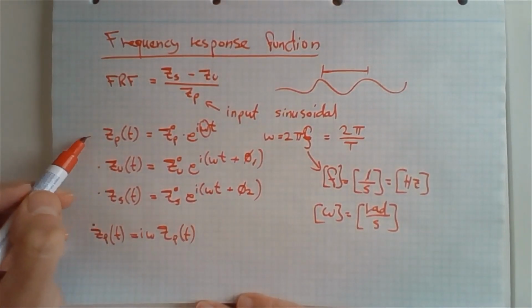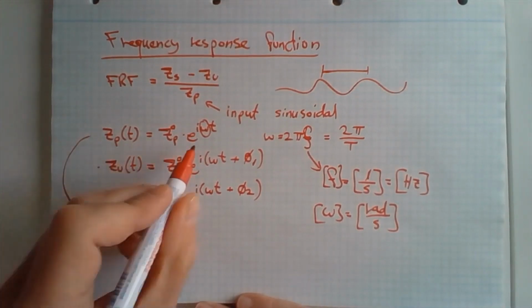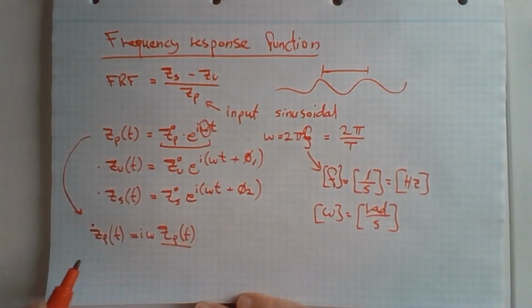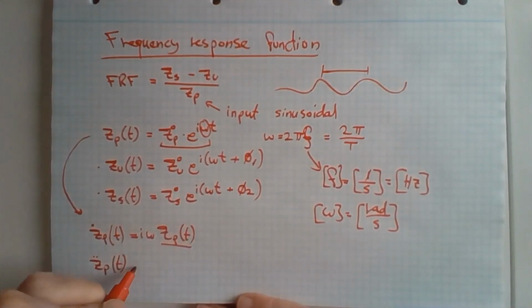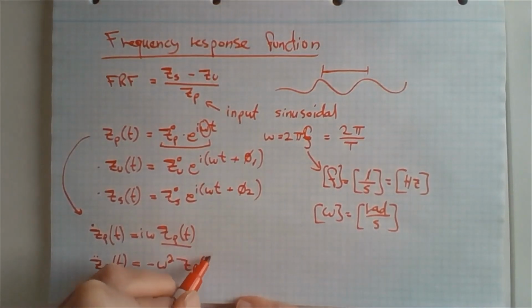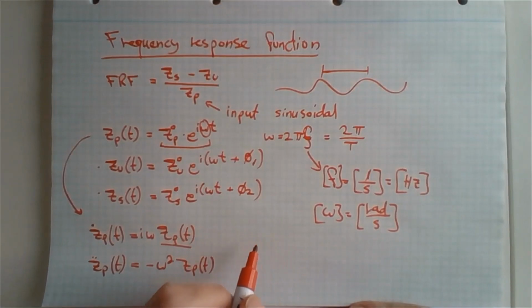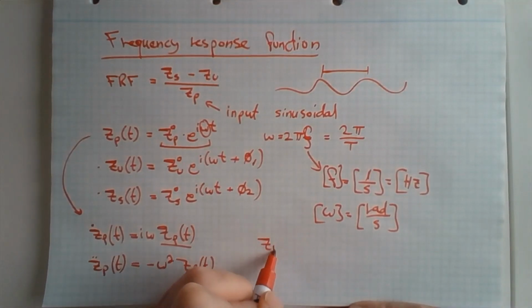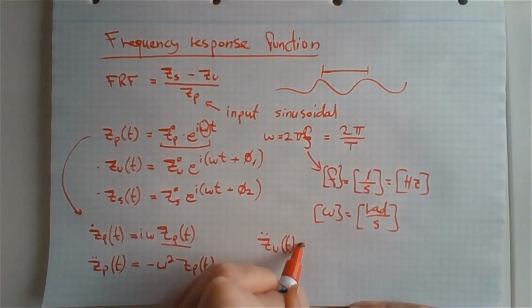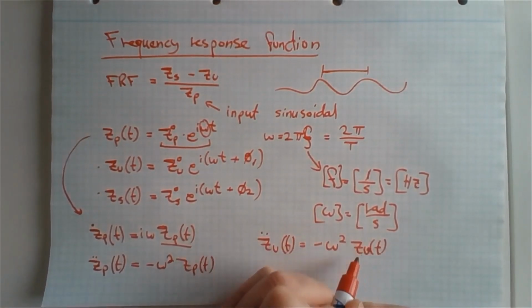So by deriving this expression with respect to time once, we end up with i omega multiplied again by the original expression. The second derivative of the pavement excitation with respect to time is then minus omega squared times the original expression. Similarly, ZU double prime is going to be minus omega squared ZU of t.